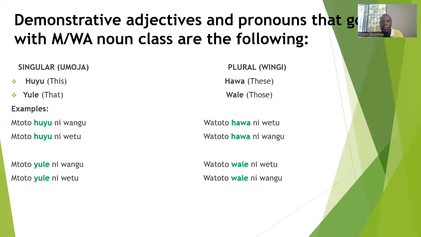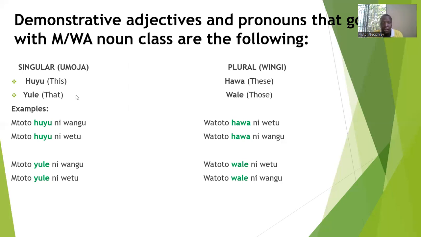Here are the demonstrative adjectives and the pronouns that go with one noun class. I say demonstrative adjective and pronouns because they are the same. You see? Now let's see.